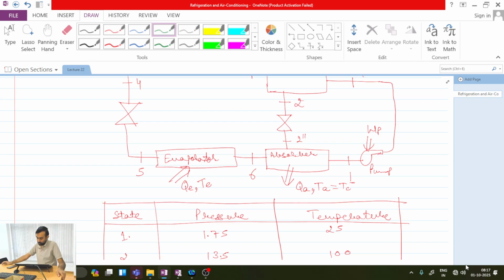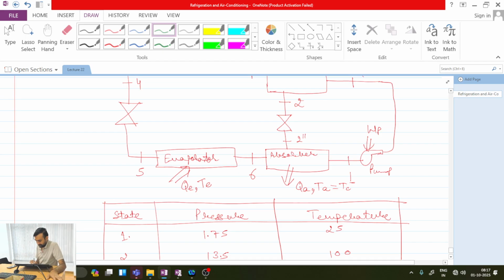Let's start with state point 1. What is state point 1? Inlet to the pump. So inlet to the pump, whether it is saturated or not, that we will be deciding now. But it's a liquid, that part is correct.